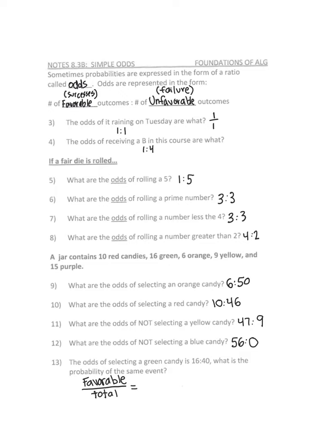That would mean I'd still have 16 on the top of my ratio, but now I want to add up 16 plus 40, which is 56, to get my total in order to find the probability. And that simplifies to 2 out of 7. So the difference between probability and odds is that probability is favorable to total, odds is favorable to unfavorable.